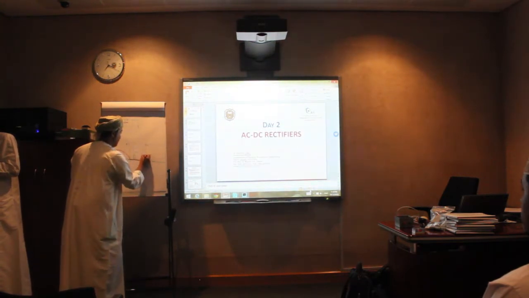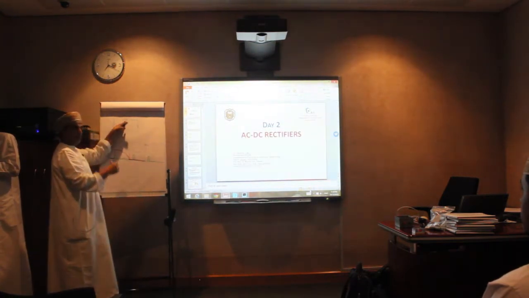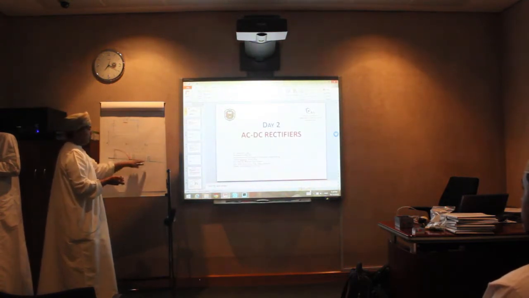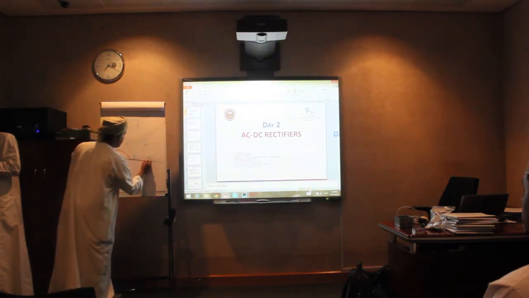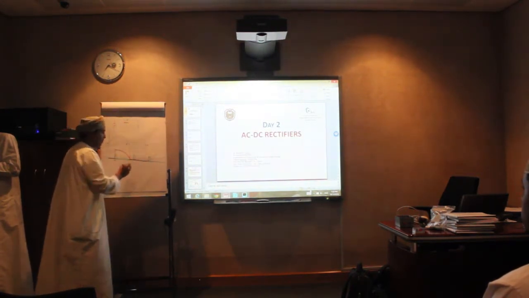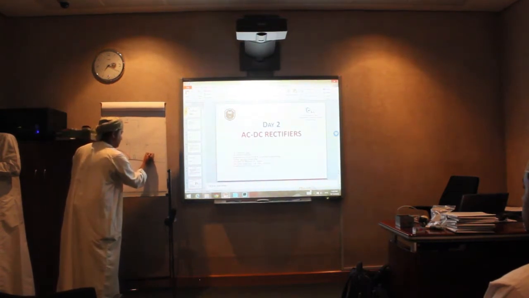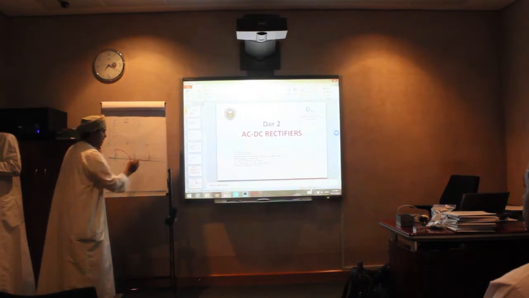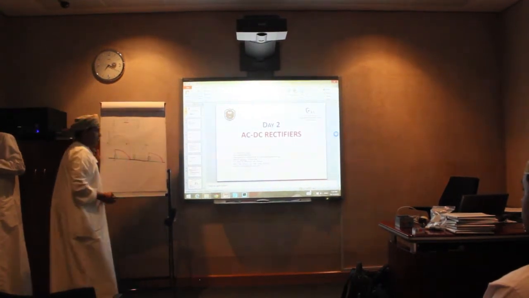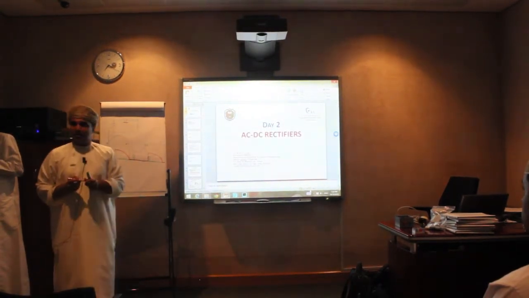When it reaches this point again, the thyristor is now in the second mode, which is forward biased, but there is no signal, so again it will not conduct until here. Therefore, it will turn on at that point.